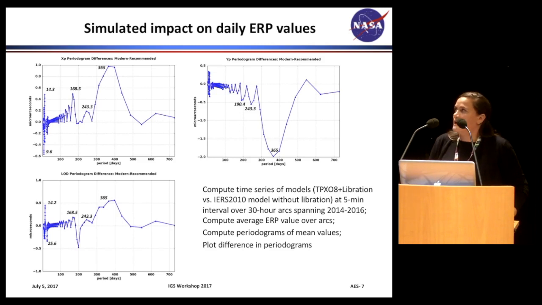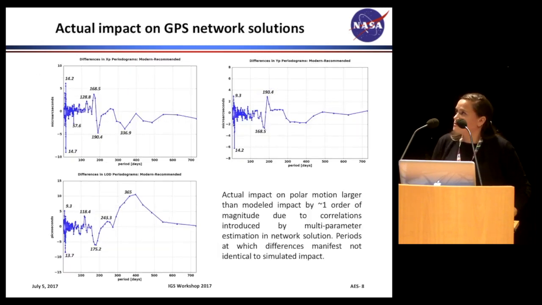So now we look at the actual impact on the GPS solutions. You can see that right away the actual impact on the polar motion is larger than the modeled impact by about an order of magnitude. This is because, of course, when you do a GPS POD in a network solution, you introduce a lot of correlation, and so it's not as simple as just the simulated impact.